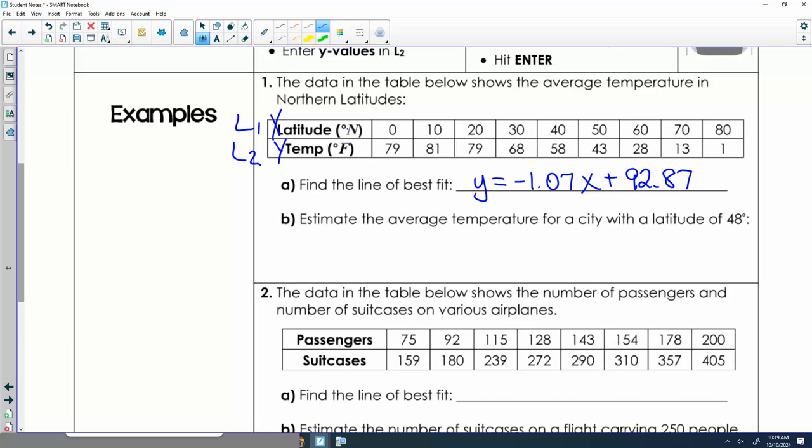Latitude was the first row of the table, so that was my x. So my x is 48. Now I'm plugging that into my equation, replacing the x. I know x is now equal to 48, so I plug that in.